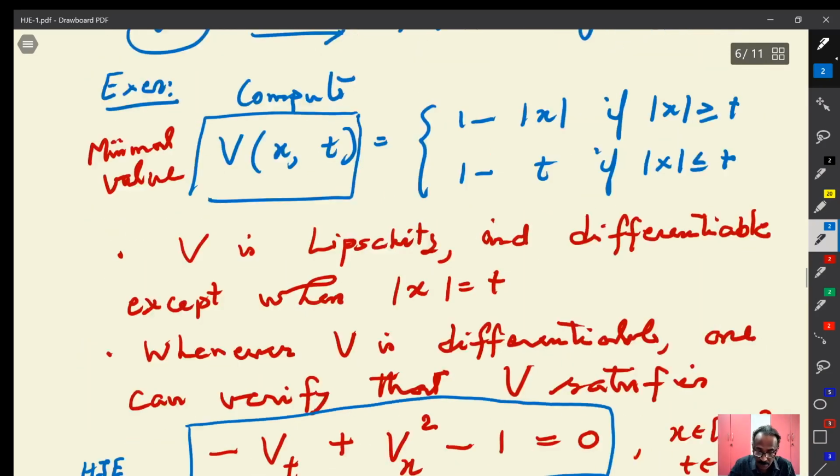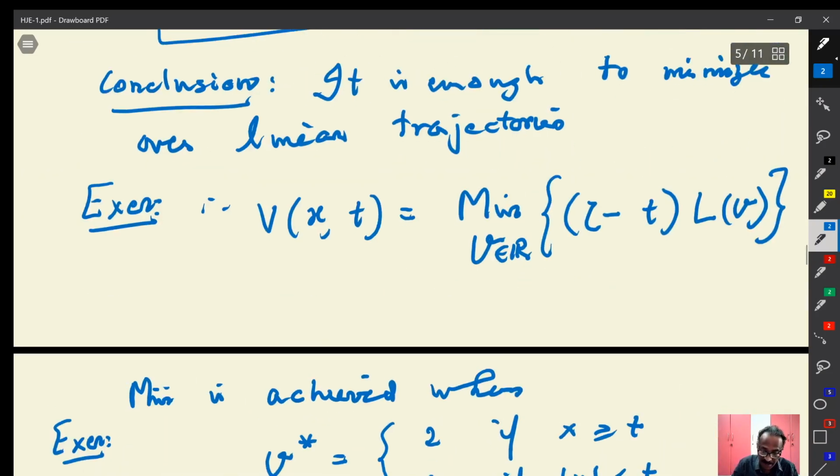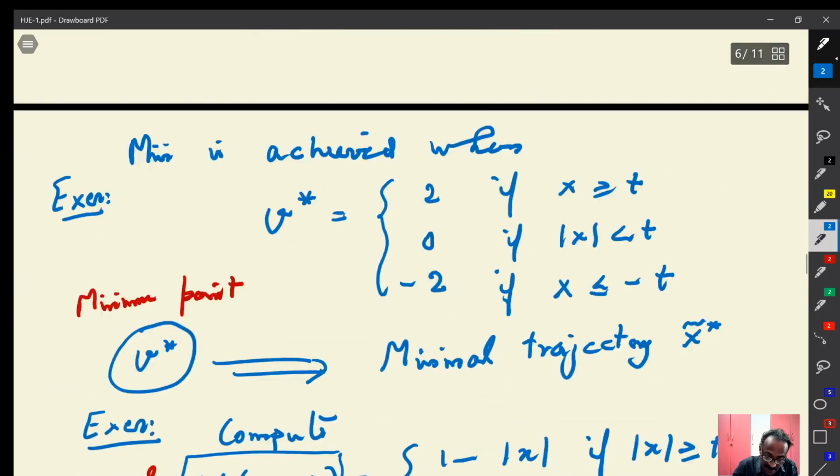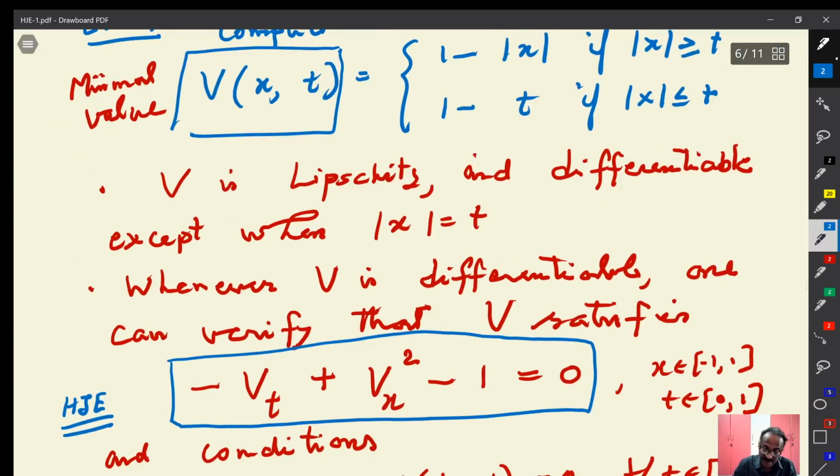So recall that V(t, x) is a minimal value given by L, a kind of Lagrangian. So in this course we want to understand more general Lagrangians and their minimization problem, and then we want to see whether V satisfies any equations.